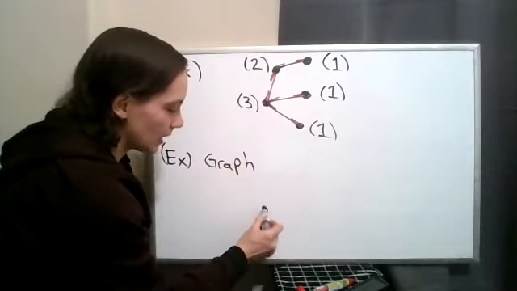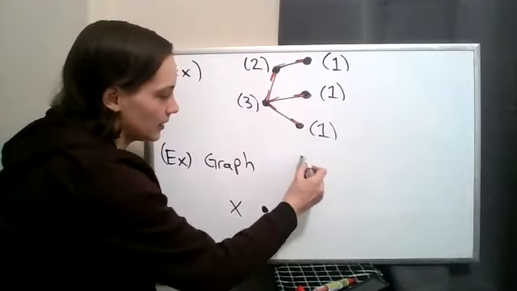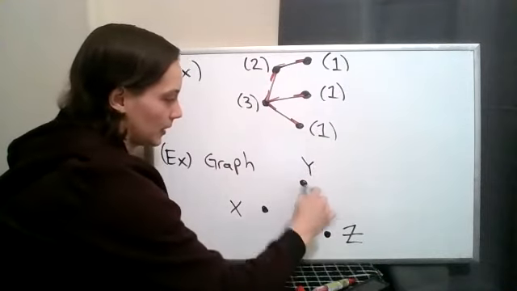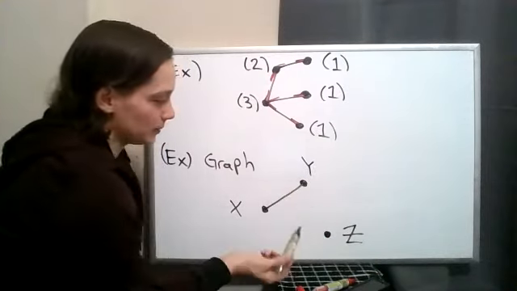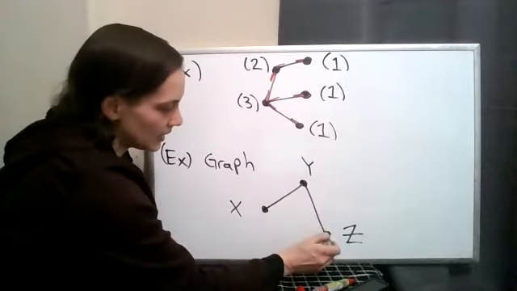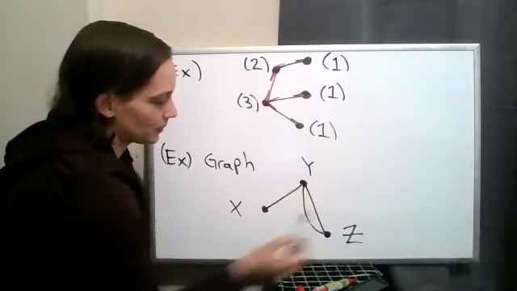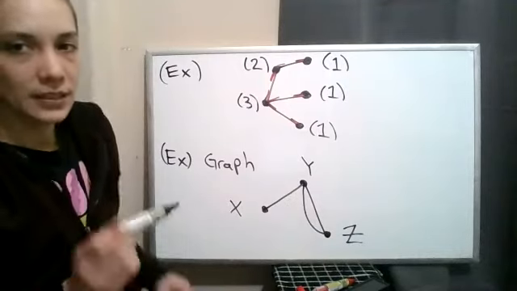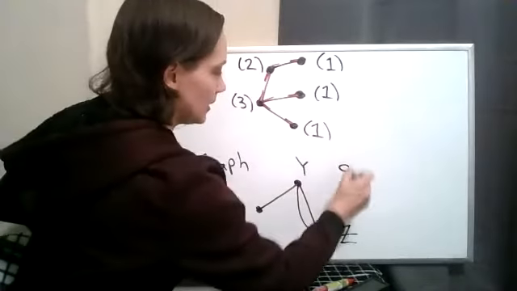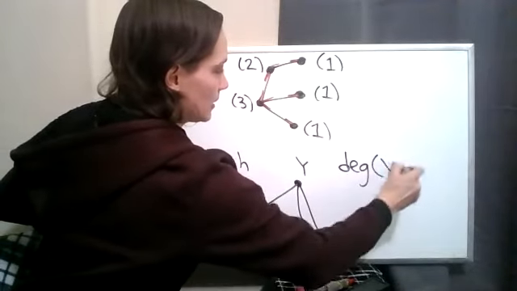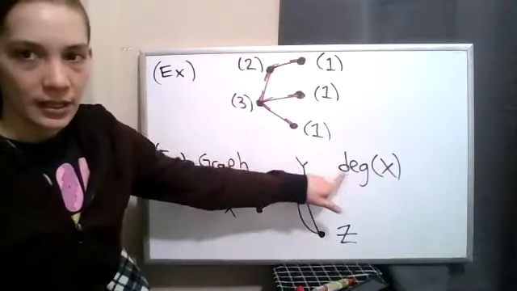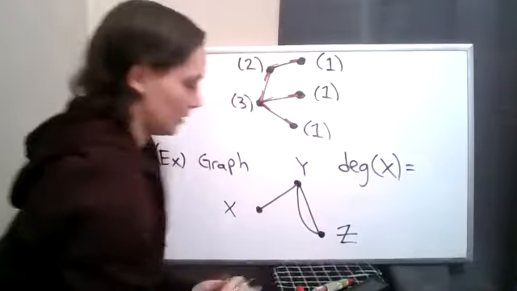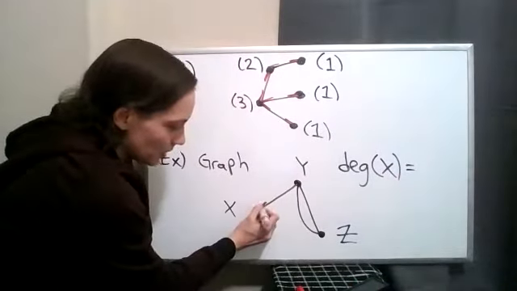Let's call this X and Y, Z. Let's go X to Y, Y, Z. We're going to write degree X as DEG parenthesis X. Degree of X equals just one connection, so that's degree 1.